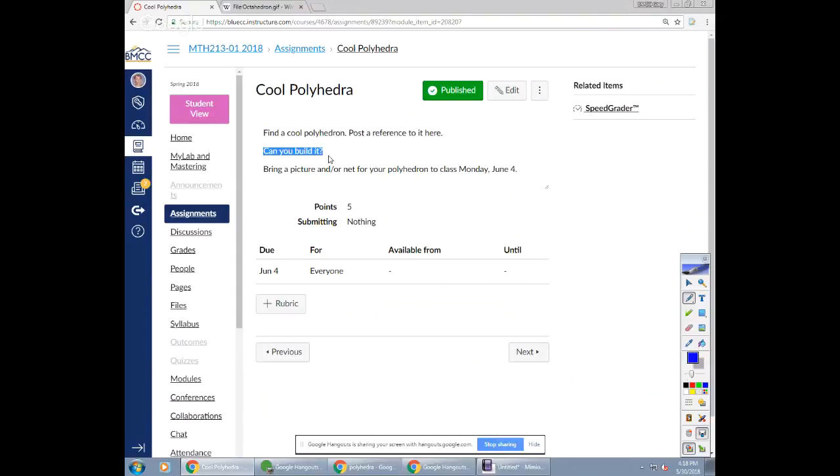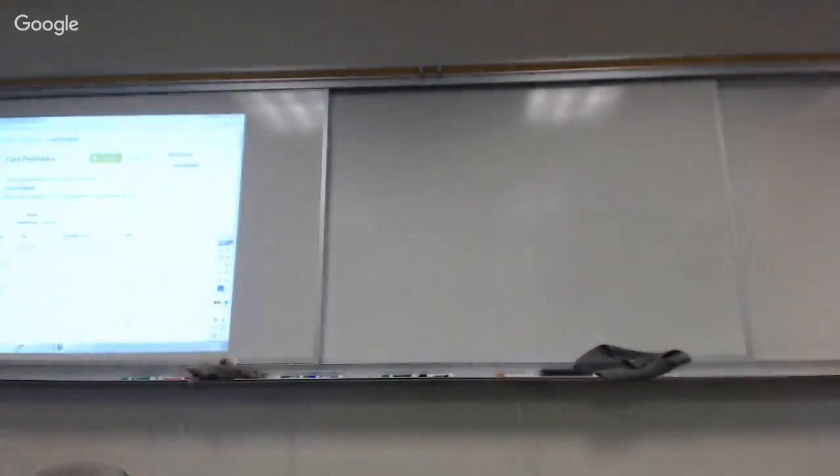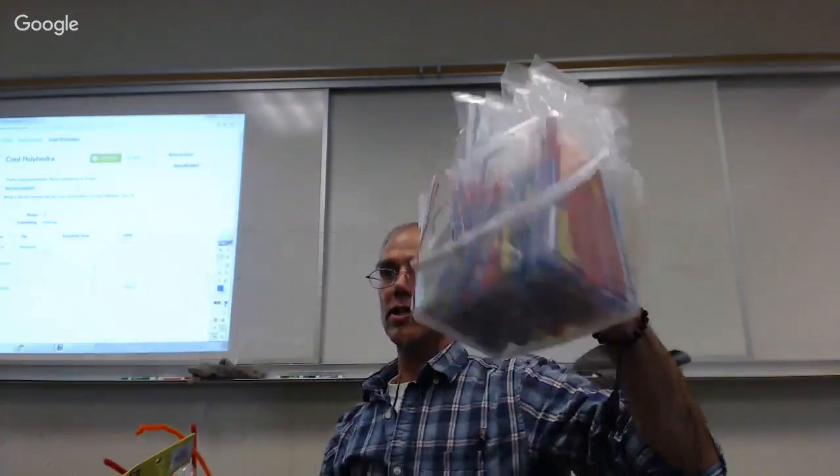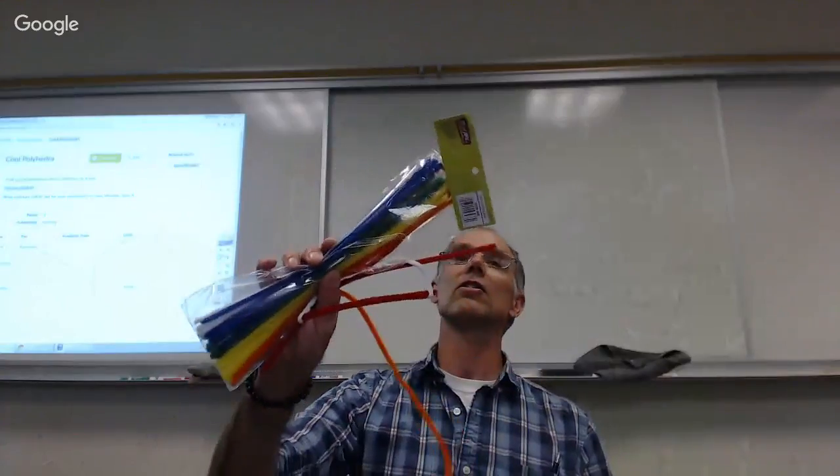With building stuff in mind, I've got a few things here. Change the camera for a second. Another assignment for Monday, and I forgot to post this in Canvas. Hopefully you all will remember. Could you bring stuff to build with? For example, I brought toothpicks, straws and string, and what are these things called?